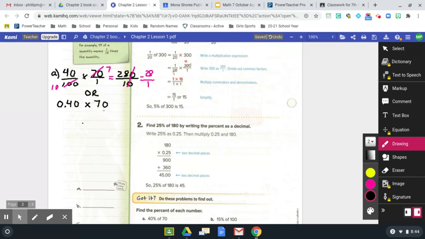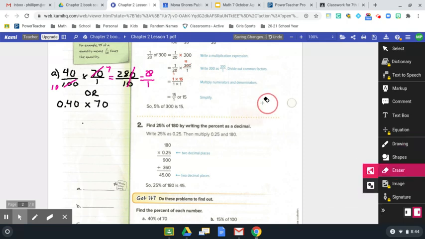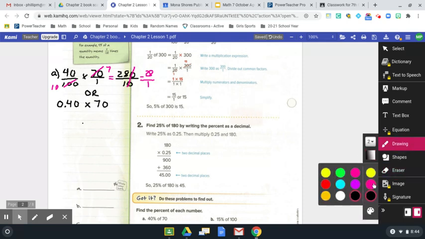Pick up your calculator and multiply that out. Type it exactly how you see it. 0.40 times 70. And look and see what you get. Oops. You should see that you are getting also 28.